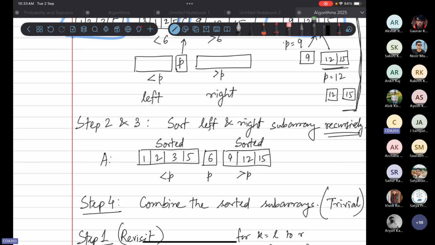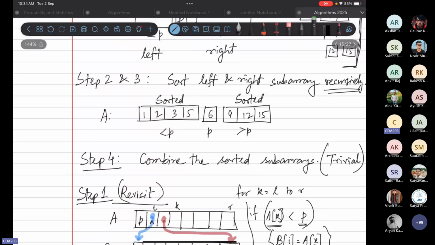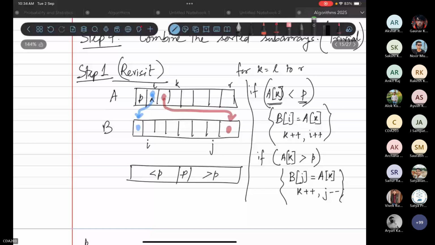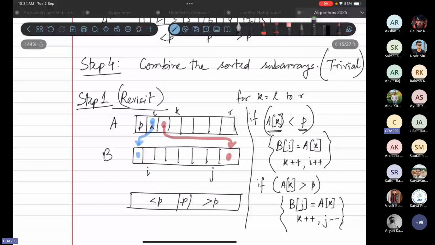Once we sort the left part and the right part, then we are actually done. We don't have to do anything else to combine the solution. And this partitioning process, we have seen two variants of it.